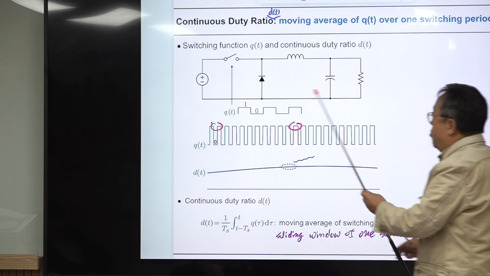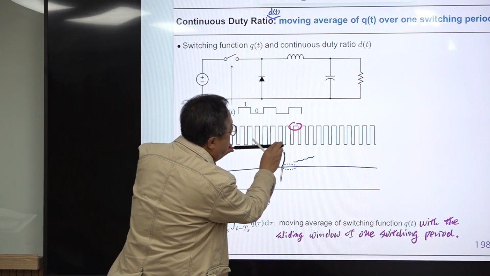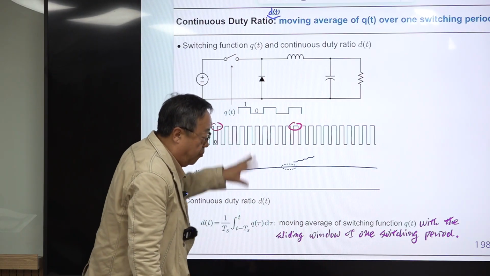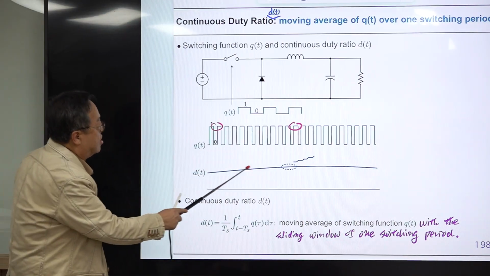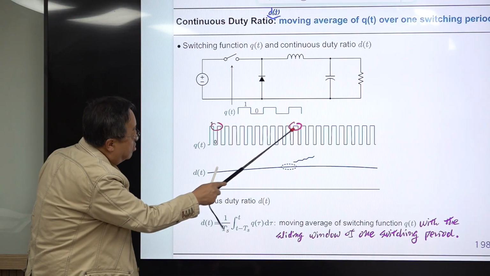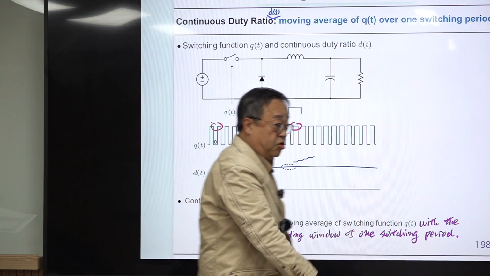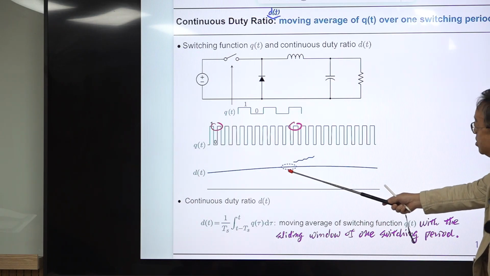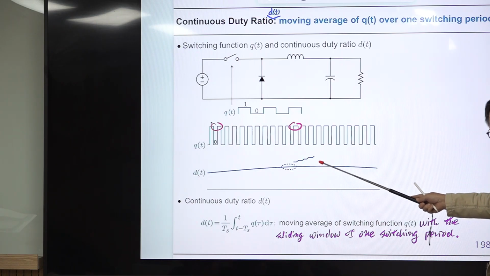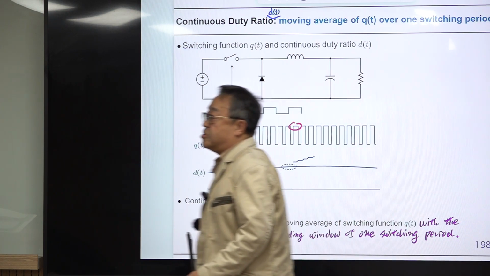Suppose this is fixed and we move this in this direction, performing the averaging function. Then you will get something like this, because the duty ratio here is relatively large and small, and you will see this continuous signal from a distance. But if you magnify this area, you will see this kind of step. This part is the ramp part of the previous signal.